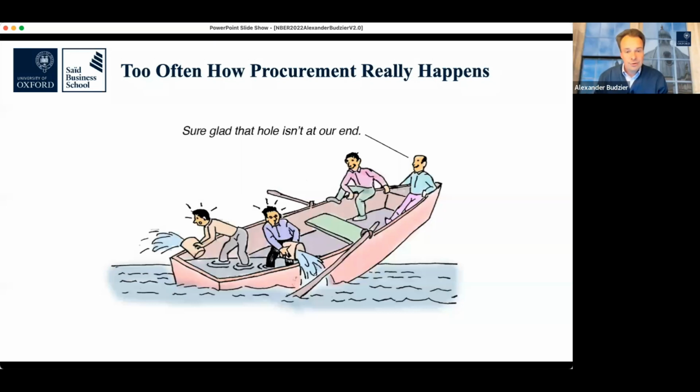But way too often, and that is, I think, true in every single jurisdiction we're looking at, we're seeing this kind of picture that we're throwing risks over the fence and trying to place them with whoever's able to carry them, and assuming often that these risks have been mitigated. That kind of, oh yeah, I'm glad that hole is not on our end.